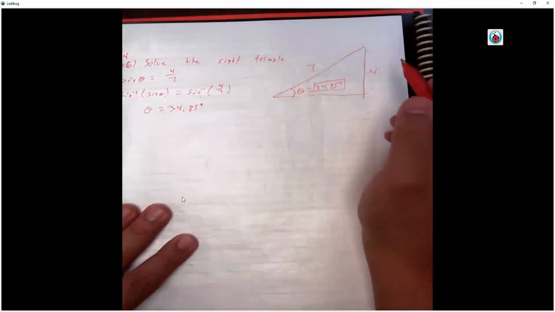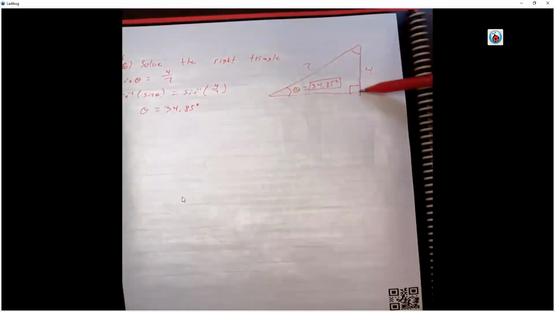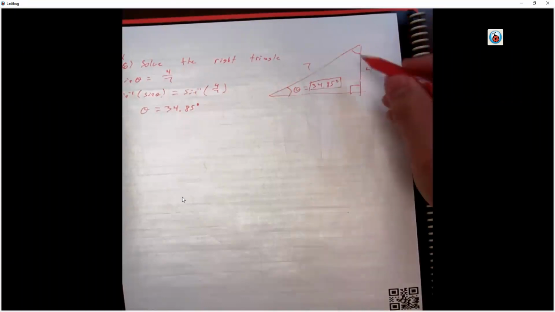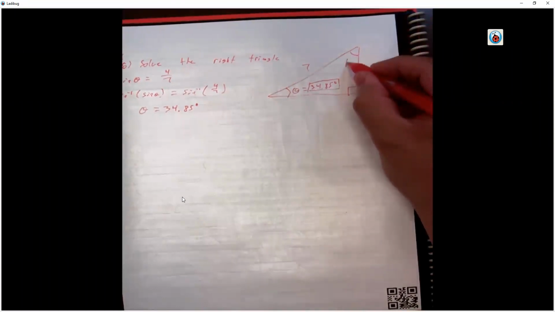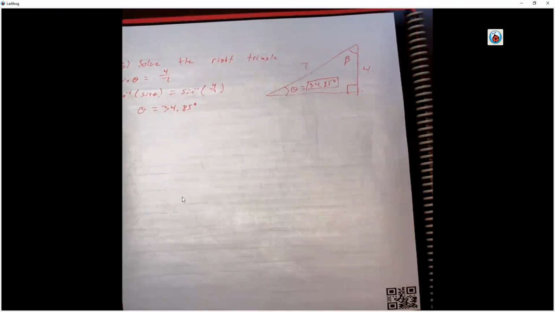We were given an opposite side and a hypotenuse. I don't know what this angle is. This is 90. But since we have two angles, we should be able to find that one, right? Well, what is this angle? Let's call it theta, I guess.